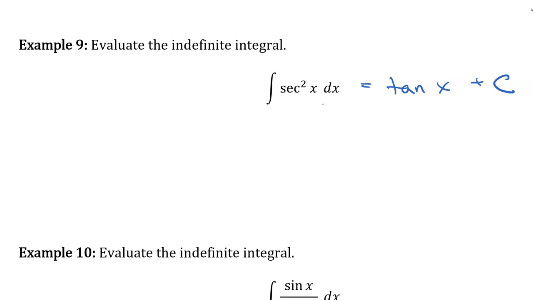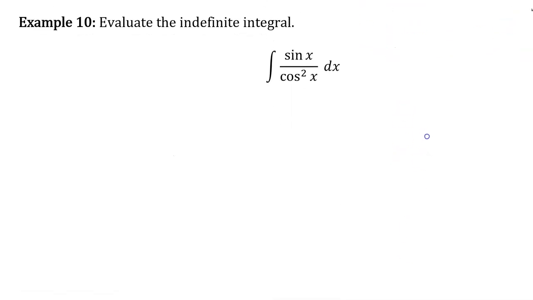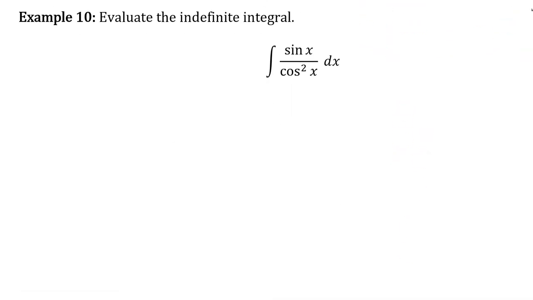The next one is not nearly as easy. There is no formula, no derivative that will immediately give you a derivative of sine over cosine squared. So we're going to have to algebraically manipulate this. Well, I do know, flag in my head, that sine over cosine is tangent.